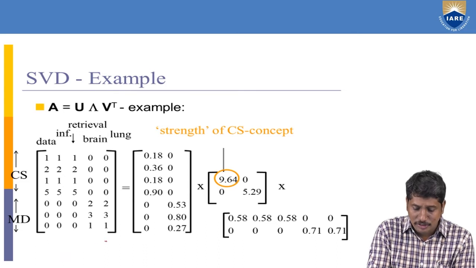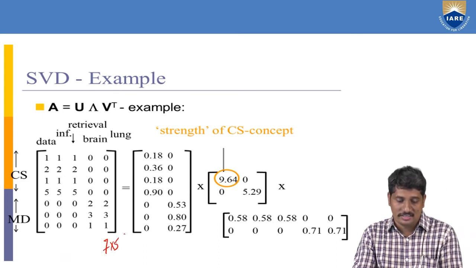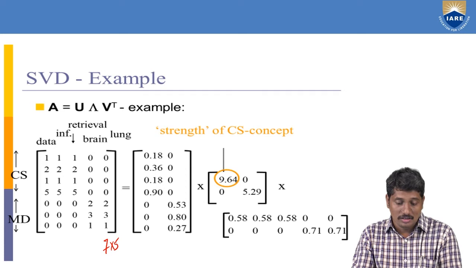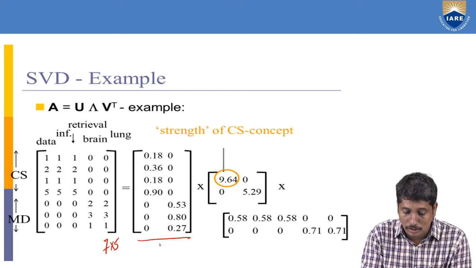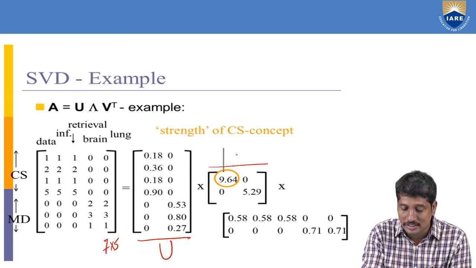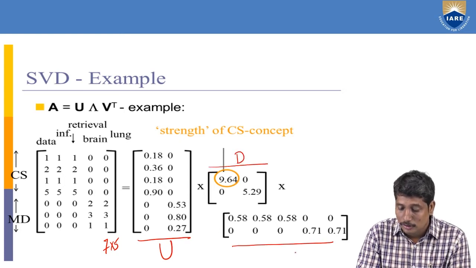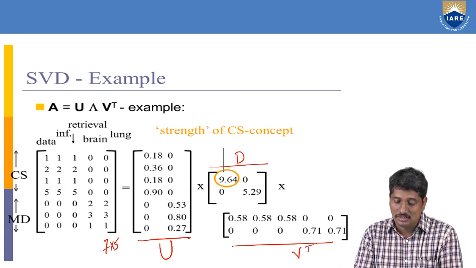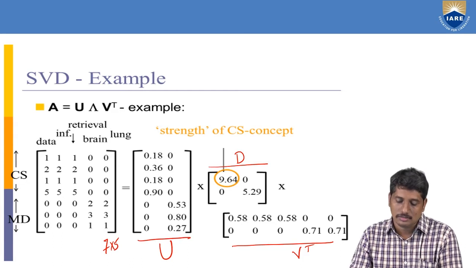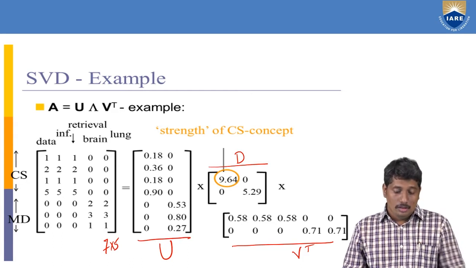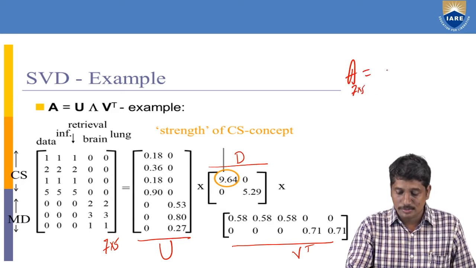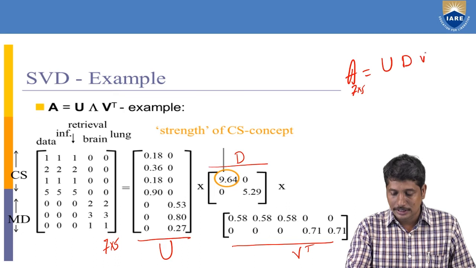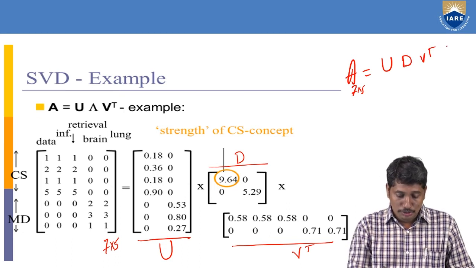Here our 7 by 5 matrix has been decomposed into a product of 3 matrices, called U, D, and V transpose. So what we observe is that our A, of size 7 by 5, has been reduced to U D V transpose, where U has how many rows?